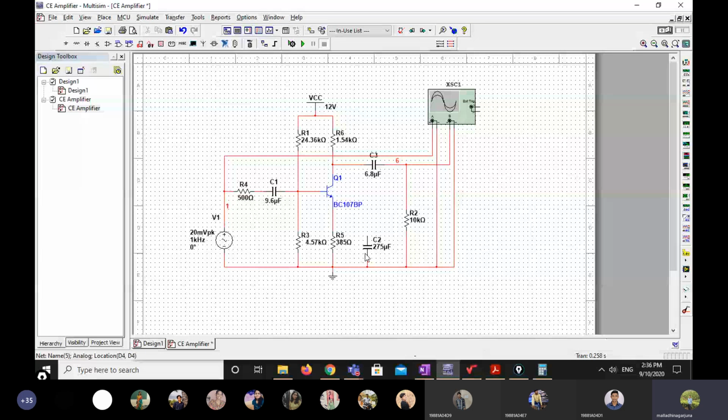But now I'm removing the bypass capacitor, which means there is a voltage drop across RE, so your output voltage will be decreased. I'm not connecting the bypass capacitor here, so your output voltage will be decreased. See, I will show you how much it is decreased.